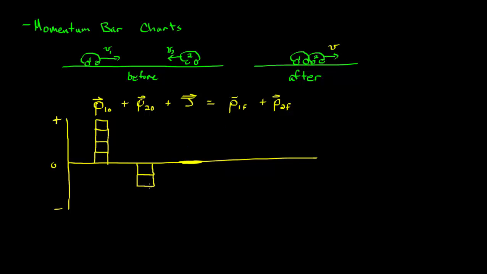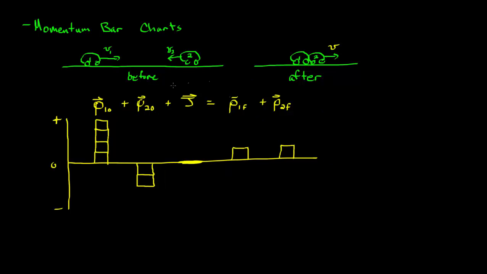The total momentum that I have is going to be these 4 minus these 2. So I'm going to have 2 blocks to spread out over here. What I'll end up with is 1 block of momentum on one and 1 block of momentum on the other one. So that adds up to be 2. If we count out the blocks, I see 4 minus 2 is 2, and then I get 2 positive blocks over here. So it's just a way to keep track of what's going on in the problem qualitatively.